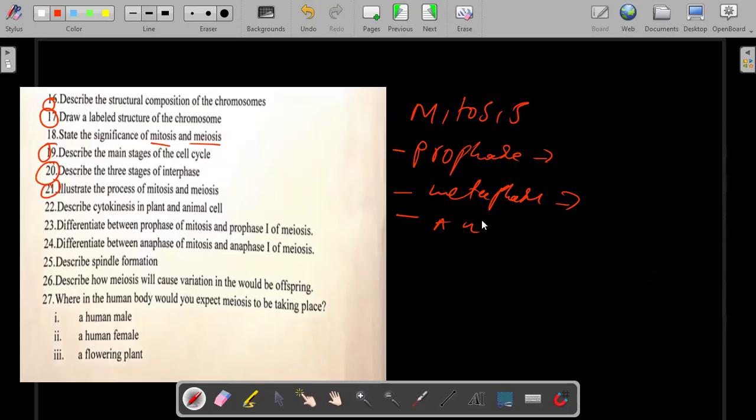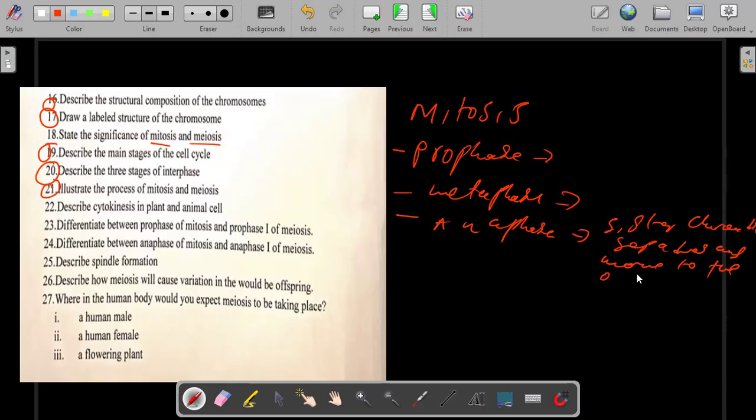So anaphase, that's where you're going to see the sister chromatids separate and move to the opposite poles. That's what we are going to have there. So the sister chromatids will separate and move to the opposite poles.